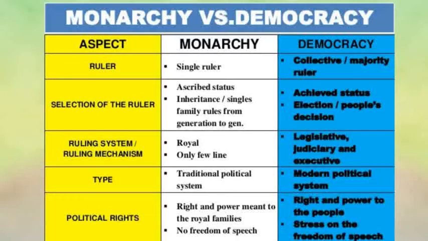If we will talk about type, in monarchy government, there is a traditional political system, and in democracy, modern political system. If we will talk about the political rights, then in monarchy government, right and power belong to the royal families, and in democracy, right and power to the people only.